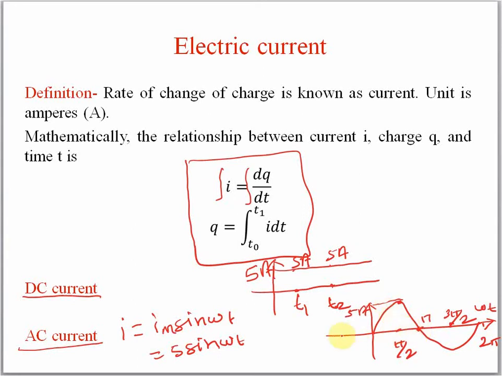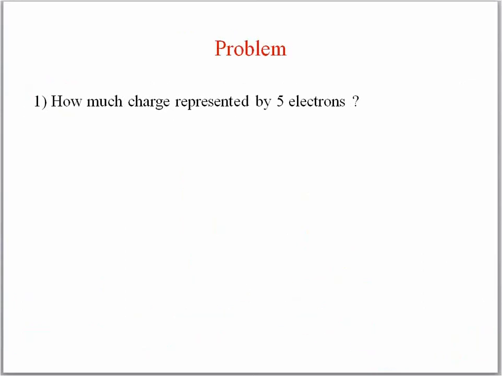So we can conclude from this that AC current has a varying nature with respect to time. Okay, let's do one problem.